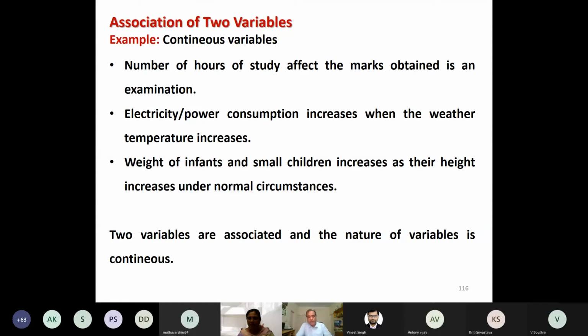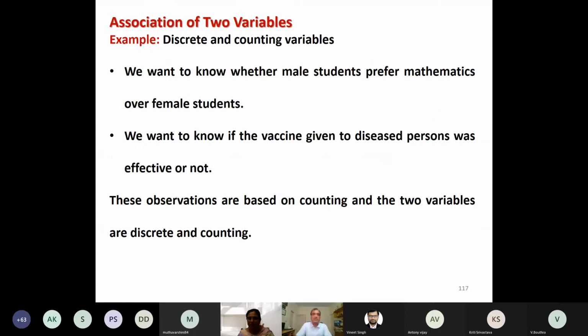And when we have discrete or counting variables, for example, a group of patients divided by gender, male and female, whom we give medicine and then see whether the medicine was effective or not, we can have data like this: male and female, effective and not effective.